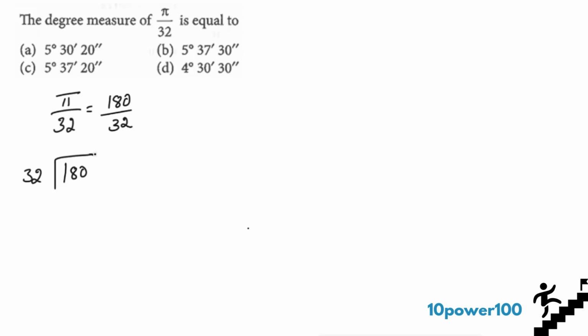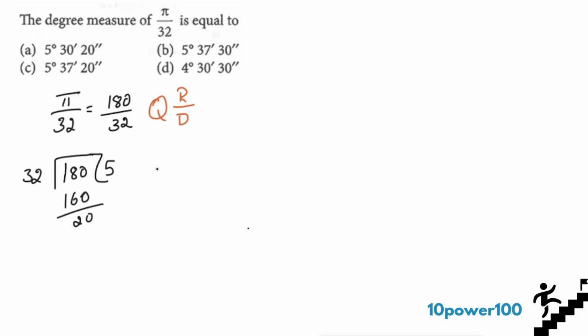Now if you divide 180 by 32, we'll take it like this. 32 5s are 160, so 20 is the remainder. Don't go further, stop it here itself. Now look at the answer. If you write in the form of quotient, remainder by divisor, this is to write the fraction as a mixed fraction.